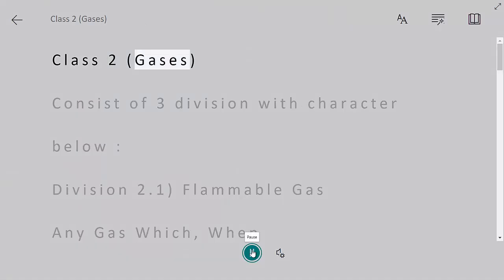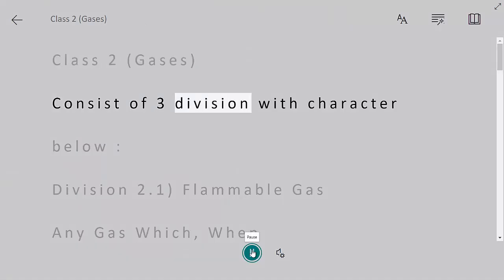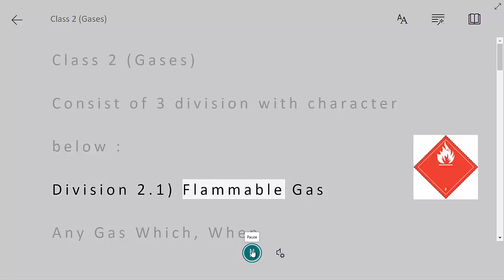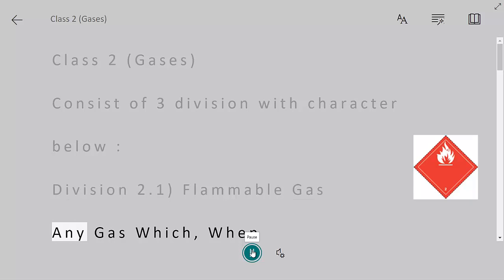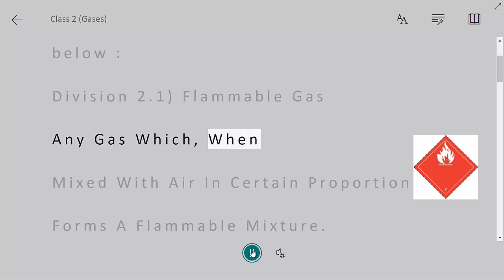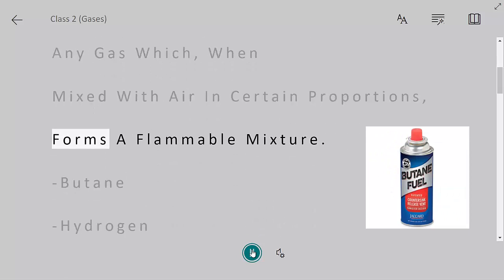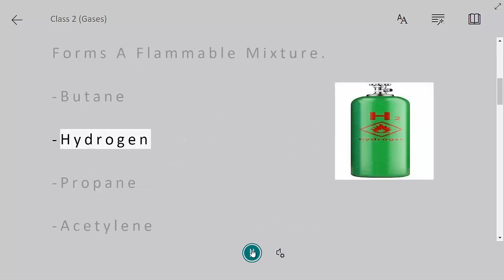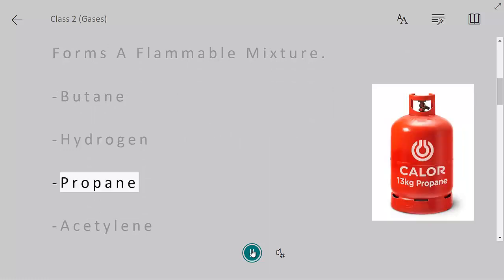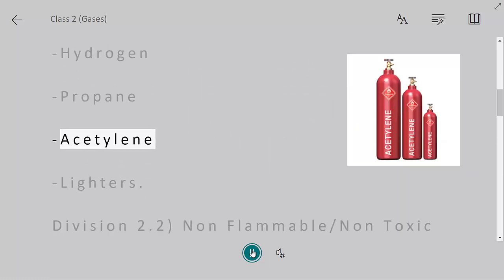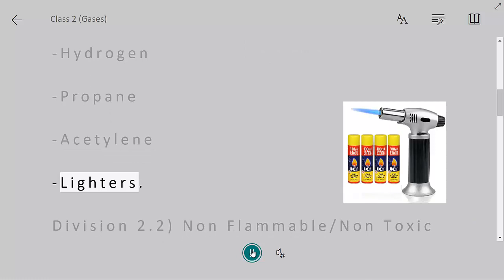Class 2, gases, consists of 3 divisions with characteristics below. Division 2.1, flammable gas. Any gas which, when mixed with air in certain proportions, forms a flammable mixture: butane, hydrogen, propane, acetylene, lighters.